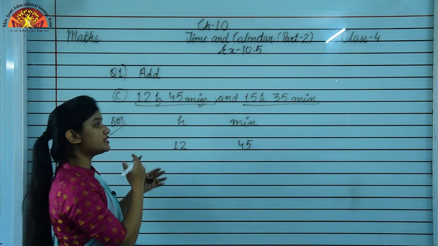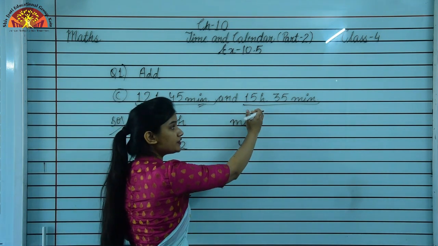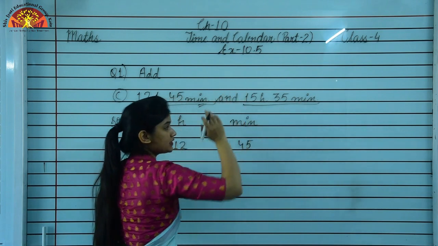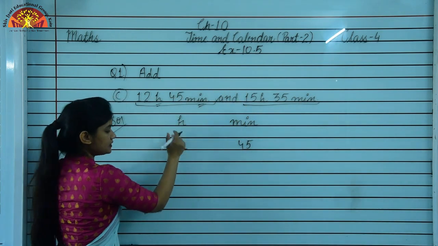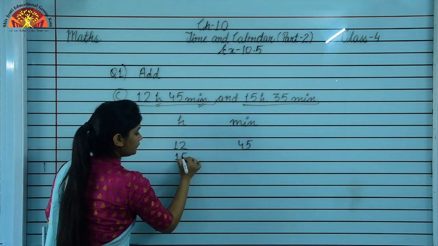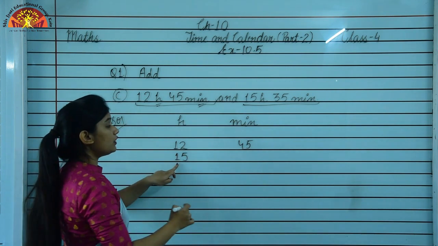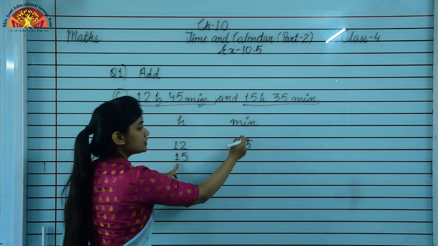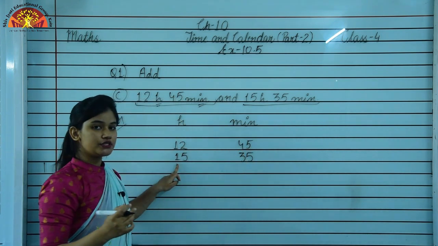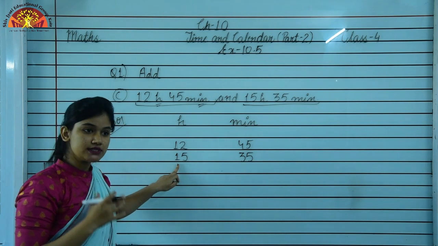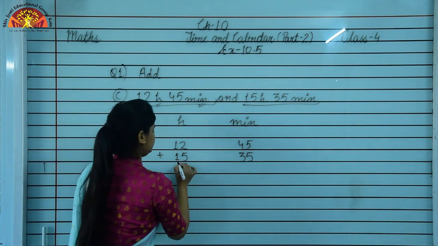Now we will observe the next number, that is 15 hours 35 minutes. So in hours we are observing 15, so here I will write 15. Now we have 35 minutes, so in minutes we will write 35. So in this way, first of all you have to arrange the numbers. Now we will start addition.